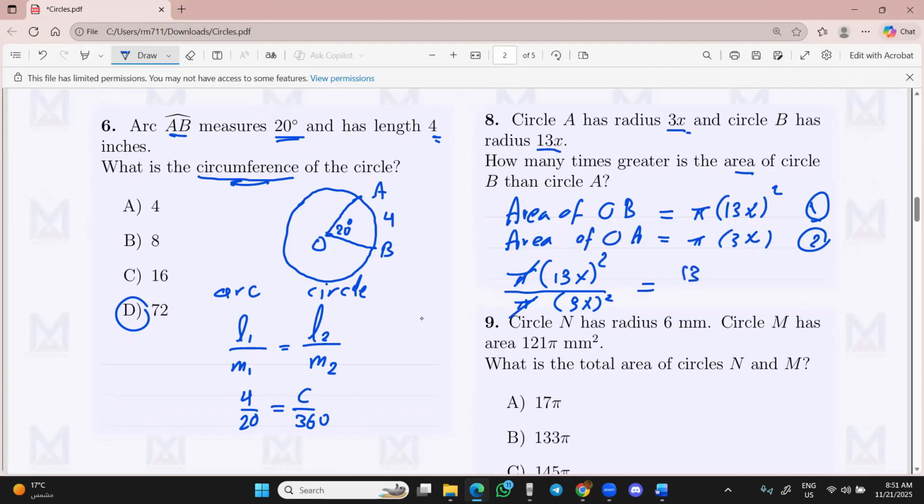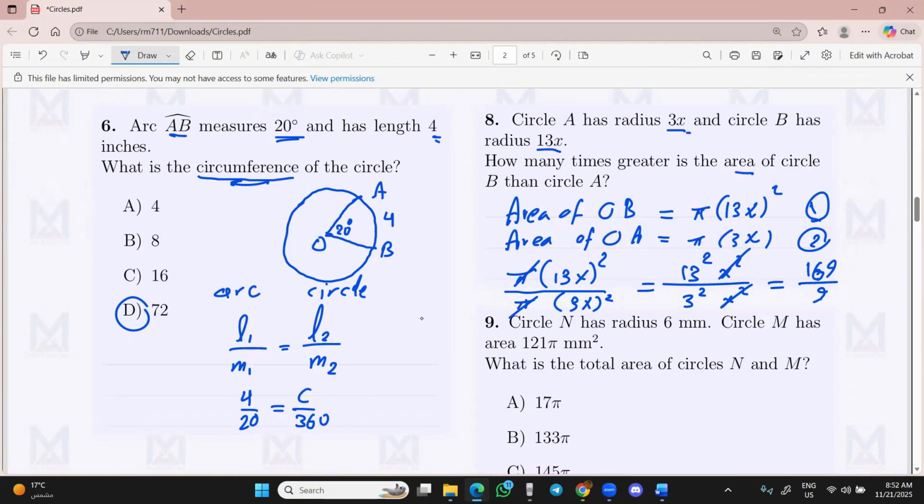This square should be distributed through the 2 numbers, making 13 squared x squared, and down here 3 squared x squared. Now we can cancel out these x's, and we got 13 squared, which is 169, over 3 squared, which is equal to 9. And that's the answer. Of course, we cannot simplify it more than that.